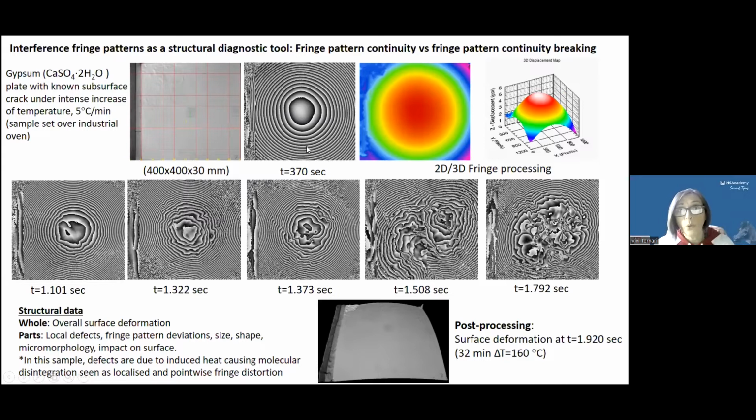What we see in this slide is a system of fringes that have a very nice uniform distribution of intensity.